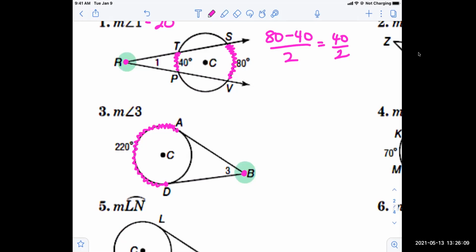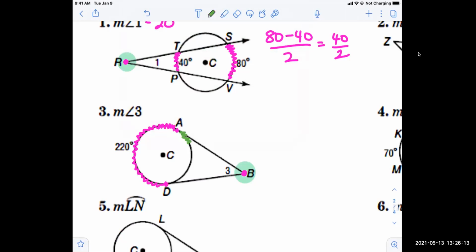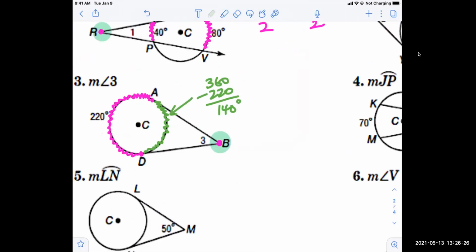Okay, so the other arc is going to be how much? All right, so that guy is 360 minus 220. So it's 140. Okay, and then what will you do to find angle 3? Sam, tell me what to do. You subtract 140 from 220 and divide by 2.